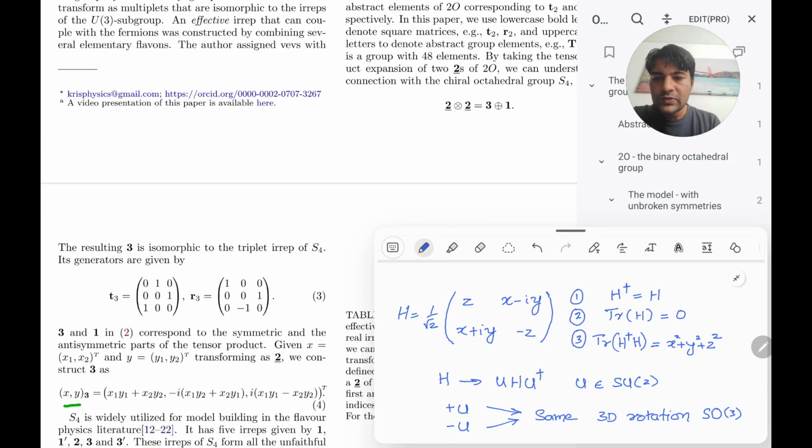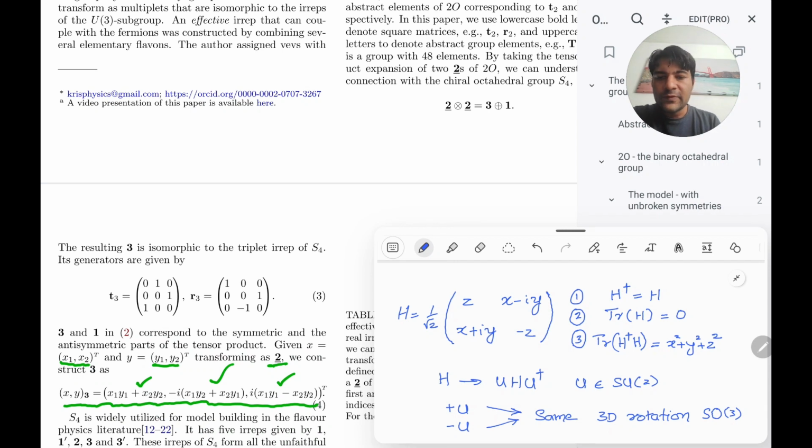Here I show the symmetric part which forms the triplet. We start with two doublets x1 x2 and y1 y2 which transform as _2, and the symmetric parts shown here are the first one, x1 y1 plus x2 y2, the second one, minus i times x1 y2 plus x2 y1, and the third one, i times x1 y1 minus x2 y2.